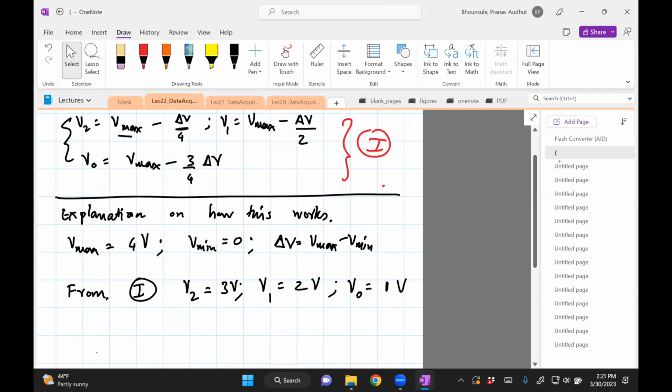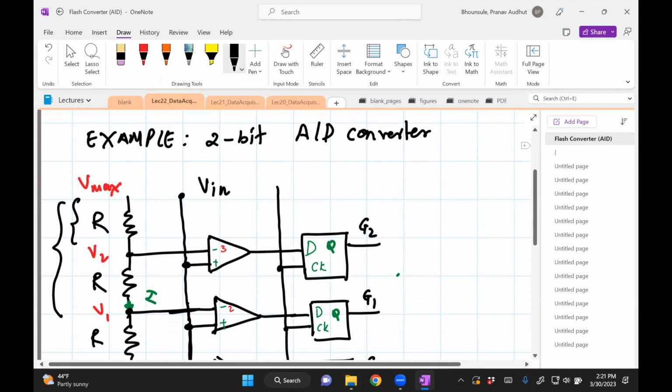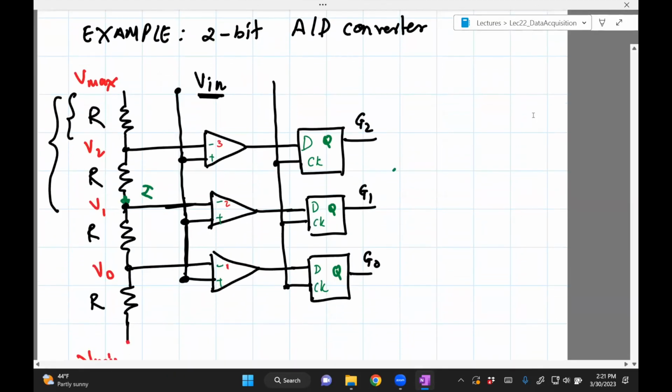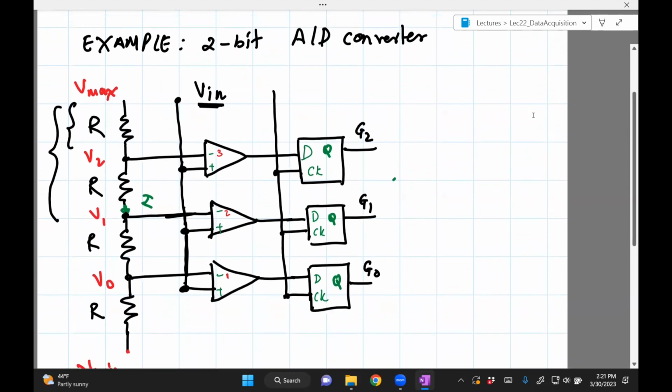Ultimately, the goal is to figure out what sort of Vin will give us what G0, G1, G2. We want to vary Vin in a certain range. In this case, I'm only going to let Vin vary from 0 to 4 volts because, as I said, this is a 2-bit converter. It's only going to give us a range from 0 to 4 levels.